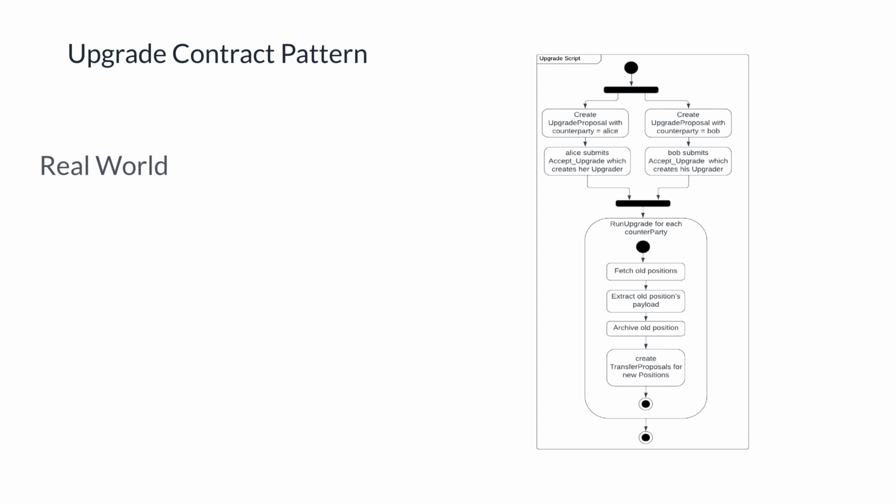In a real-world application, there may be thousands of owners with millions of positions. So these upgrader contracts need to be batched together to optimize upgrade performance. At a conceptual level, the bank will submit these upgraders, which will fetch the old positions to extract the payload, archive the old positions, and then create new positions. Let us look at the code.